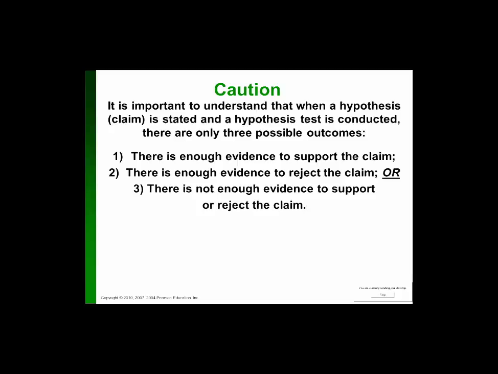Not enough evidence to support or reject the claim. So our conclusion for each hypothesis test will begin, we support the claim, we reject the claim, or there's not enough evidence, but then we want to restate that in a way that would make sense to a person who's not in a statistics class.